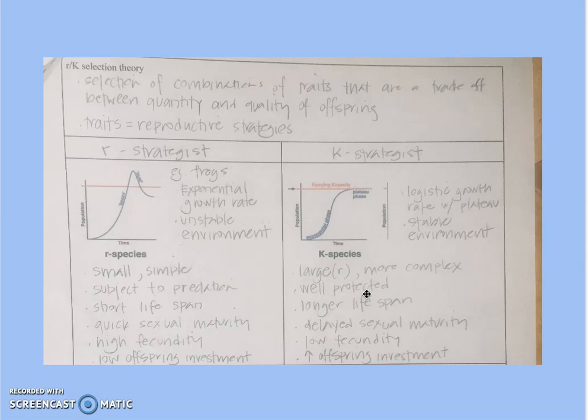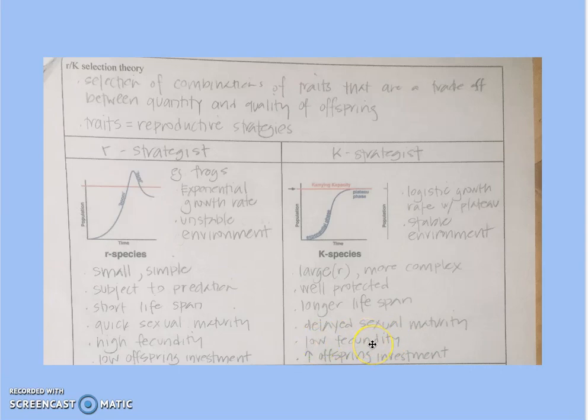Or they can reason their way out of danger. They have a delayed sexual maturity, so it takes them longer to mature sexually. So they often need to be cared for.